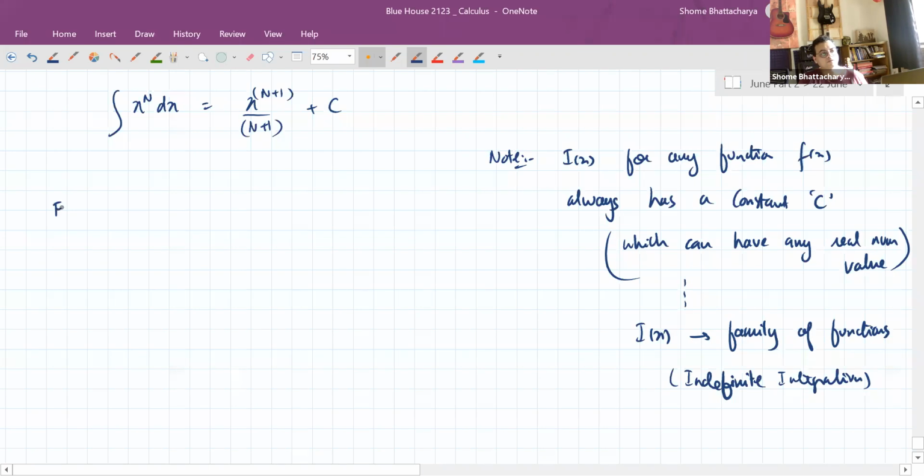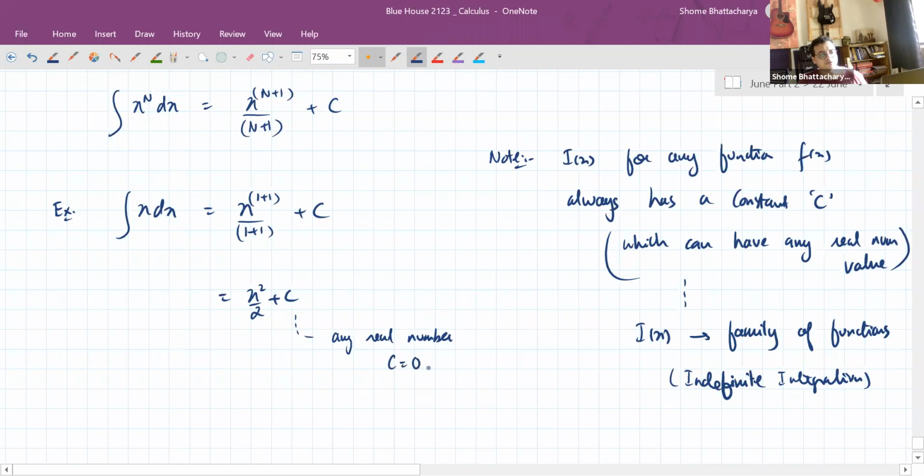So for example, using this formula, we can see that the integration of x will be x to the power 1 plus 1 upon 1 plus 1 plus c. That means it's x square by 2 plus c. Now this c could be any real number. So basically it could be x square by 2 plus 0 or 1 or 100 or minus 100 or 1 by root 2, any such real number value.